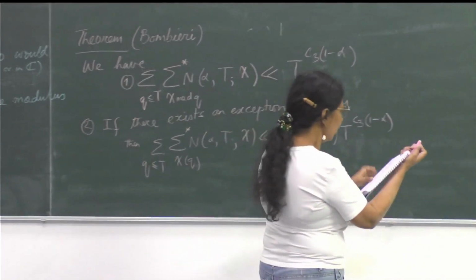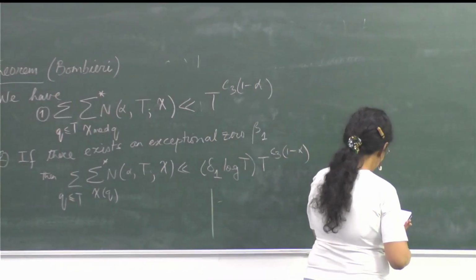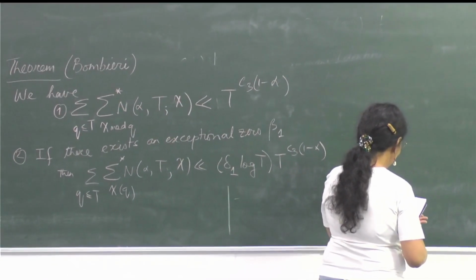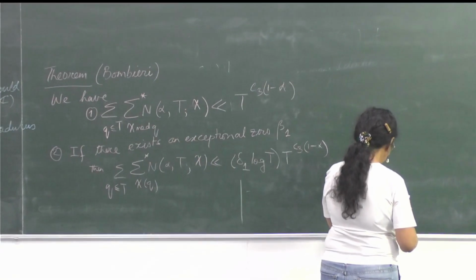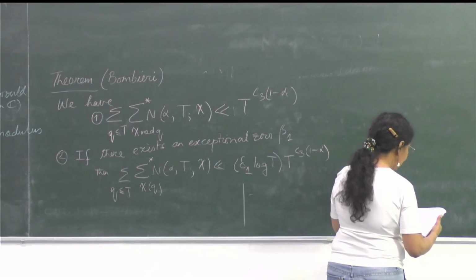So the notation is that N(alpha, T, chi), that we have seen earlier, these are the zeros.